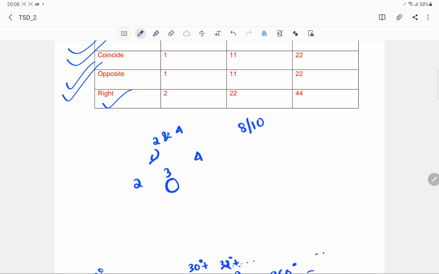For example, this is like 8, 9 and 10. So you are expecting two right angles to be formed between 2 and 3, but the second right angle is formed at 3 a.m. or 3 p.m. itself.